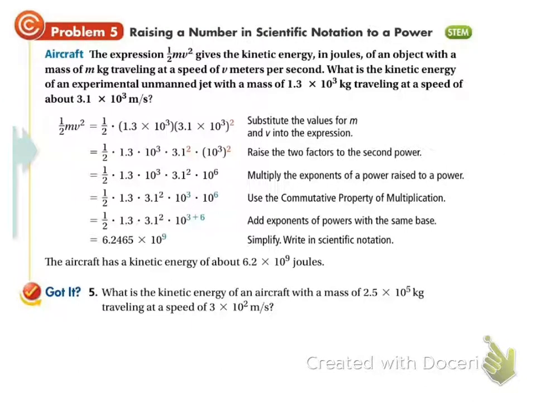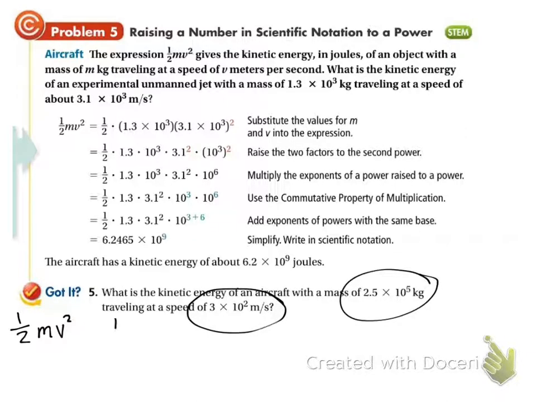Okay, so now we're going to use scientific notation with exponents. So they give us this equation, 1/2 mv squared. Okay, 1/2 mv squared. And we're going to plug in these two numbers. So we've got a mass of 2.5 times 10 to the 5th, and we've got a speed, our v, of 3 times 10 squared.